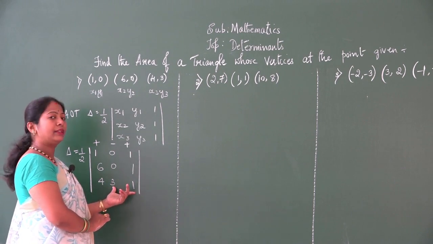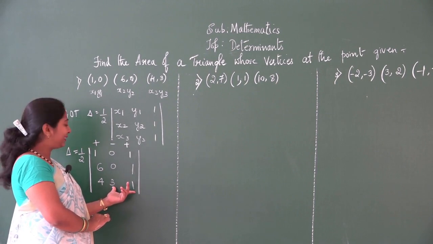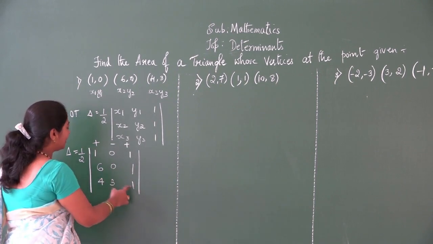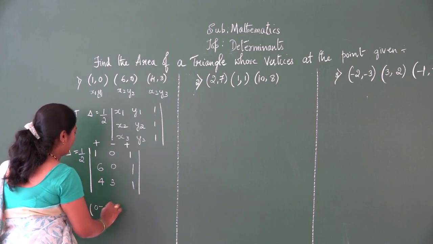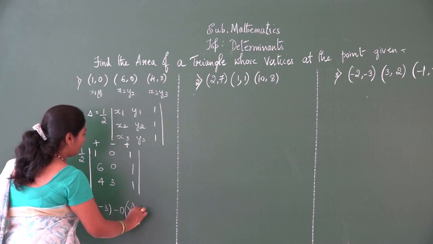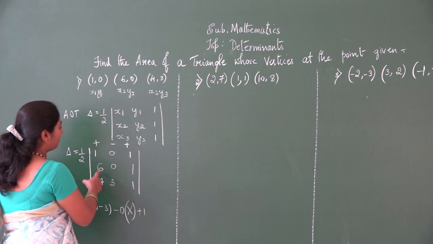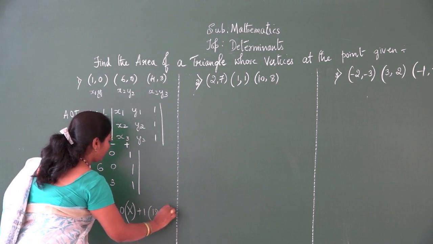How do we calculate the value of 2 cross 2 determinant? Product of the principal minus product of the secondary, that is 0 into 1 is 0. Formula is with minus, 3 1s are 3. Minus 0 into any term is 0 plus 1 into 18 minus 0, that is 18.